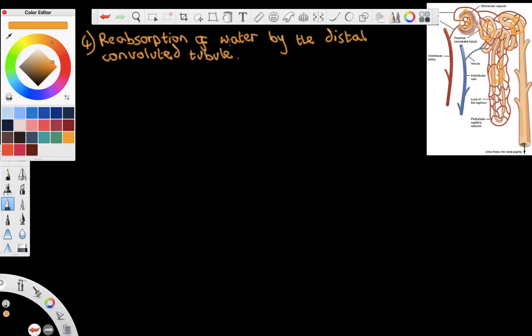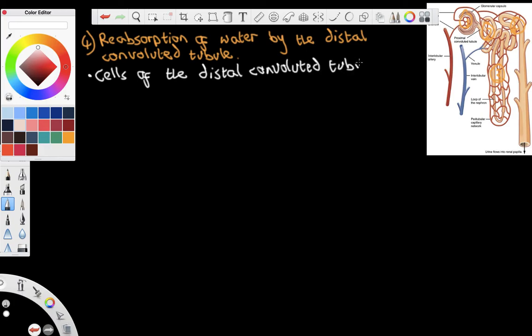Okay, so the cells of the distal convoluted tubule have lots of mitochondria.